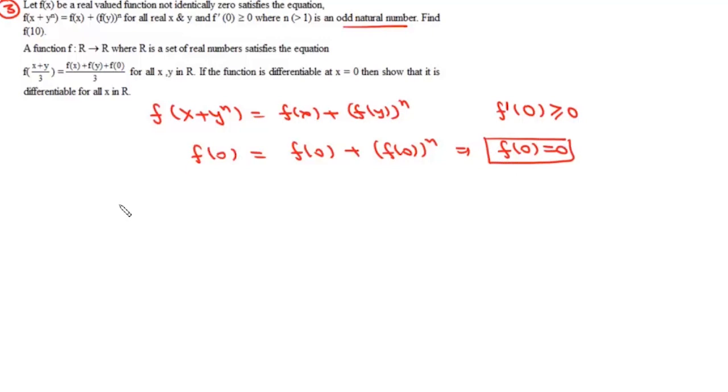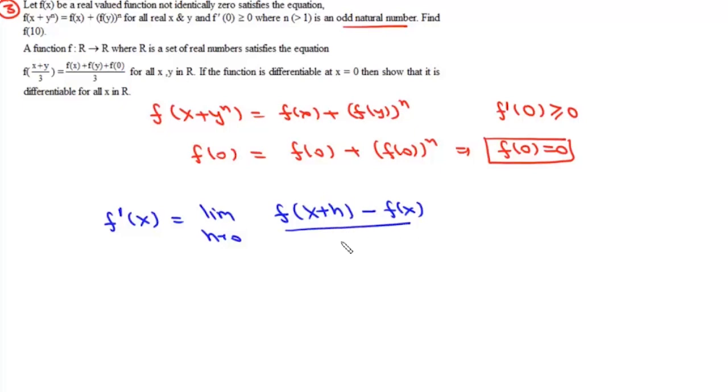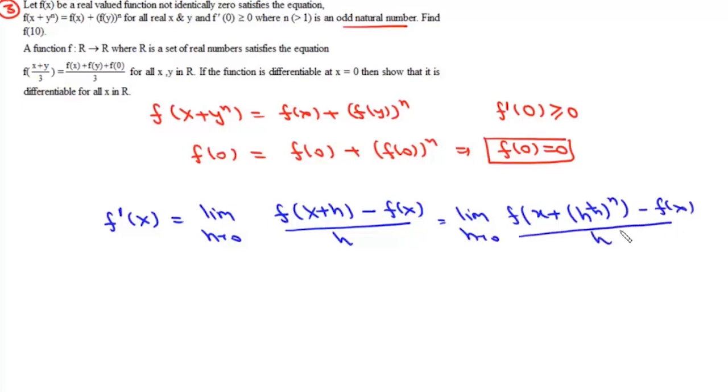Now we write f dash x. Now f dash x will be this limit h tends to 0, f(x plus h) minus f(x) upon h. Now we write this as this limit h tends to 0, f((x plus h to the power 1 by n) to the power n) minus f(x) upon h.